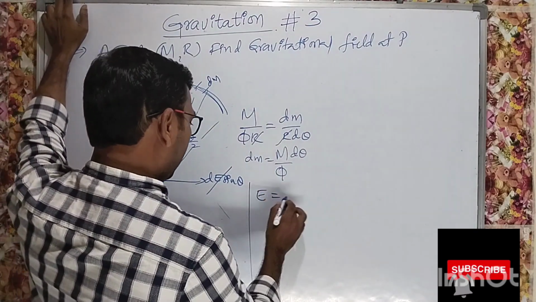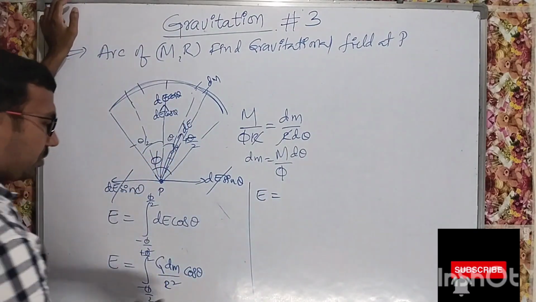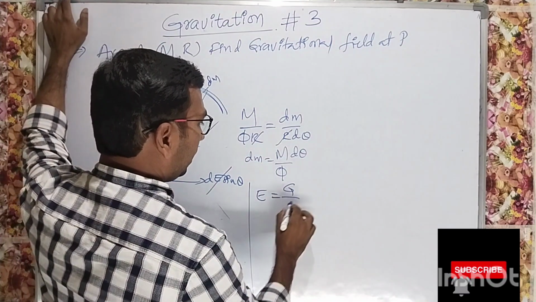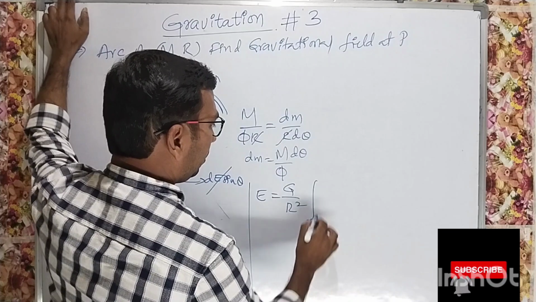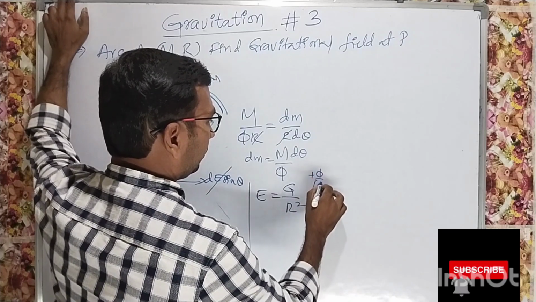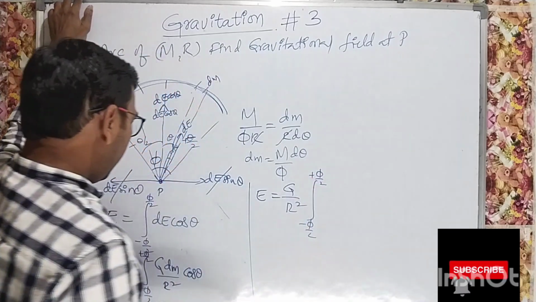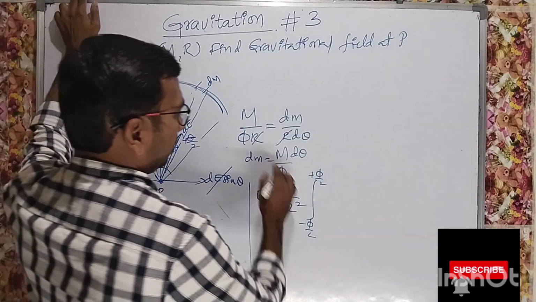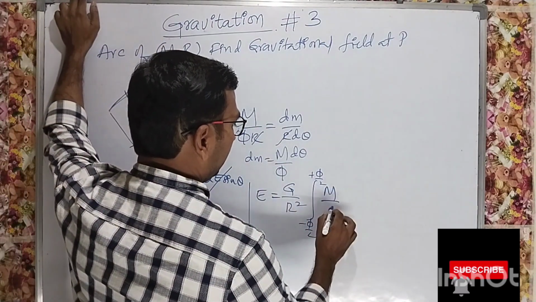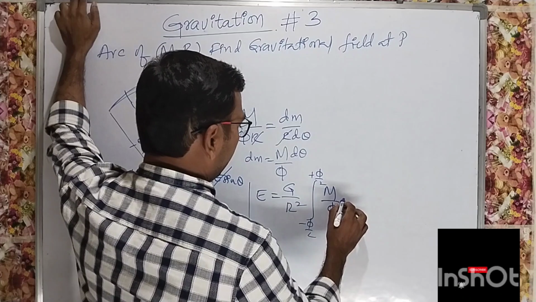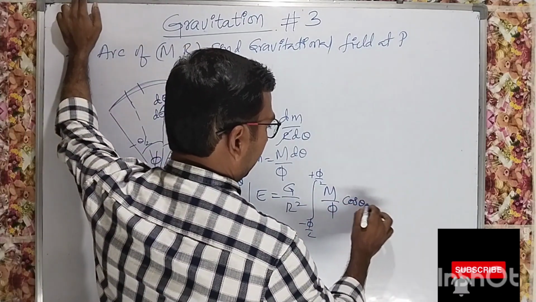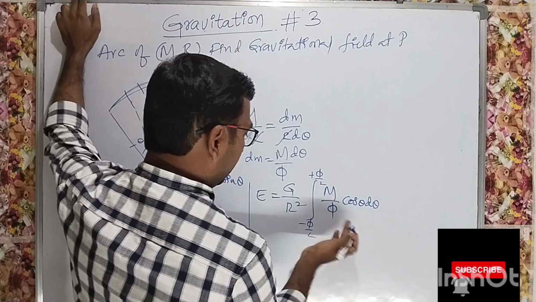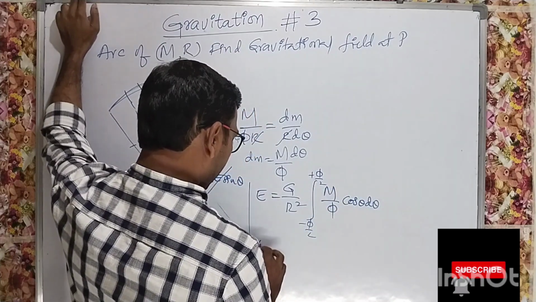So E is equal to, here G by r square is common, integration minus pi by 2 to plus pi by 2. So M by pi, cos theta d theta. Here M by pi also is constant, you can take it common.